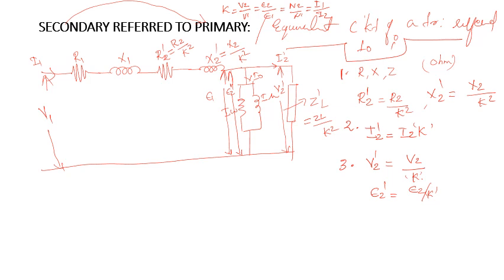V2 is the load voltage, and if we transfer the secondary load voltage V2 to the primary, it is known as V2 dash, which will be equal to V2 divided by K. And the secondary induced EMF E2, in the primary will be known as E2 dash, equal to E2 divided by K. You have to remember these three things, which are essential for making the equivalent circuits.